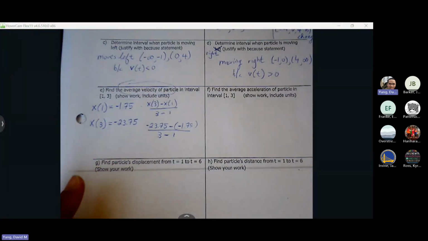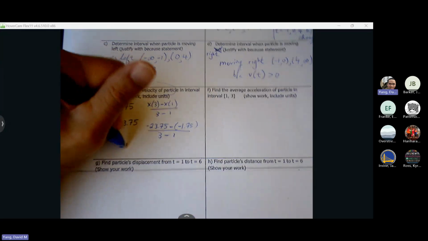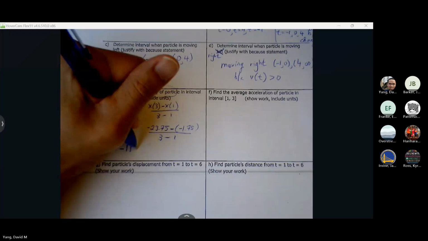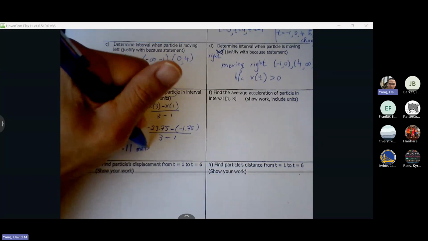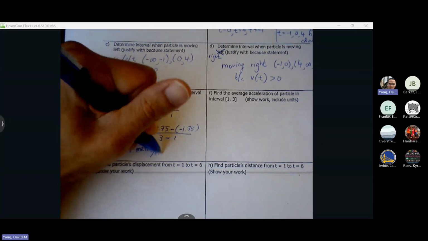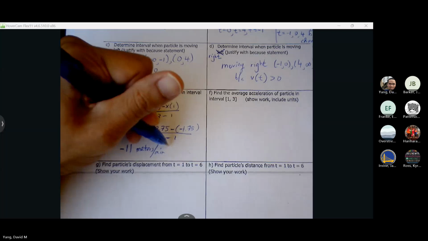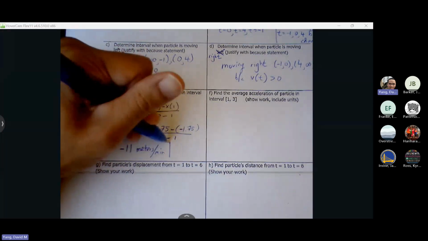All that can go in your calculator. We're left with -11 meters per minute.